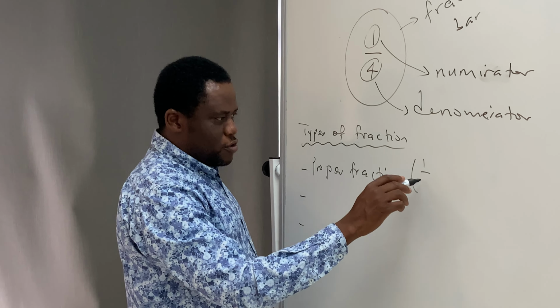We have improper fraction. In this case, the numerator is big while the denominator is small. Now, the last one is mixed fraction.